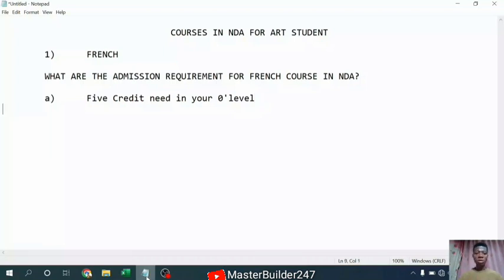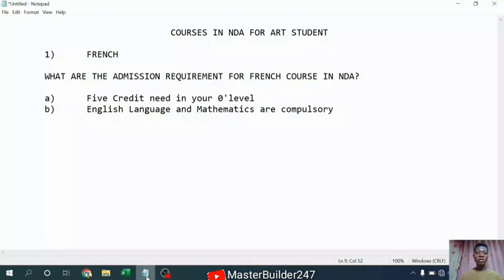Alright, the second criterion for you to apply for French in NDA is that English language and mathematics are compulsory.